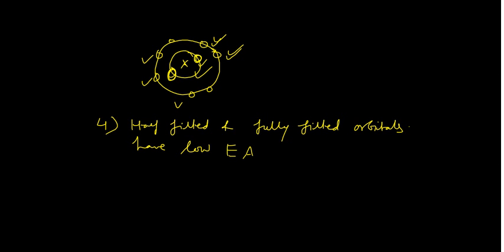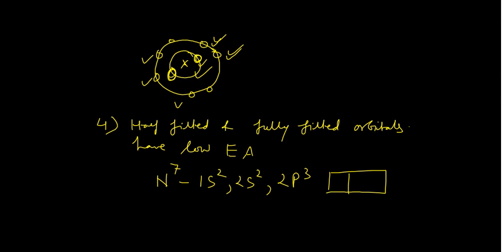You see here, if you are having nitrogen 7, and if you write the configuration 1s2, 2s2, 2p3, so when you are having this 2p3, it simply means you are having 1 electron here, 1 electron here, 1 electron here. So in that case, if you apply Hund's rule of maximum multiplicity, it is stable.